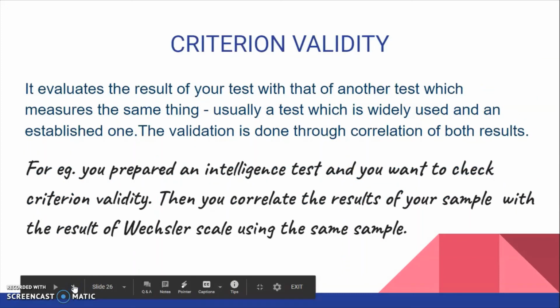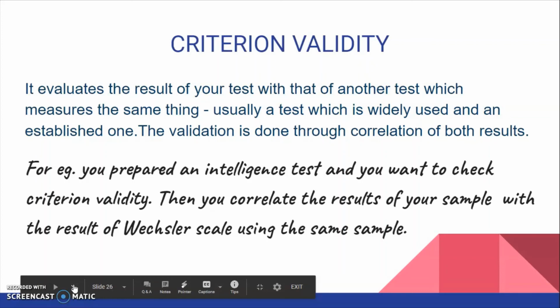And the last one is the criterion validity. It evaluates the result of your test with that of another test which measures the same thing, usually a test which is widely used and an established one. The validation is done through correlation of both results. Here, in criterion validity, we take another test. You think you are going to measure a certain construct, then there will be other tools available that measure the same construct.